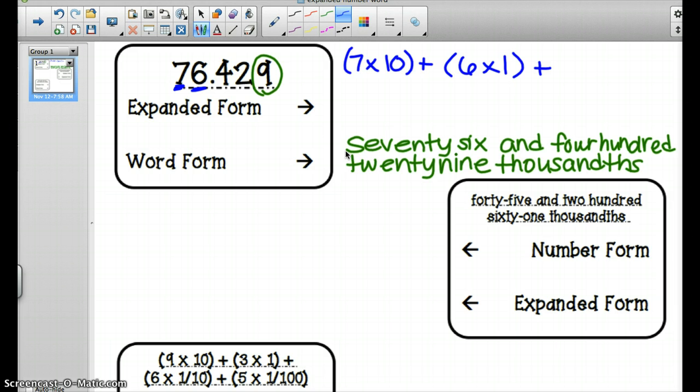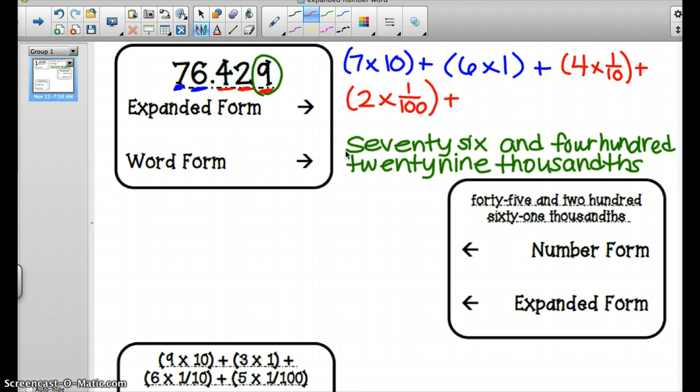Then we move over to our 4, and now we're moving to numbers after the decimal point. So it's not tens or ones or hundreds anymore. It's the ths. So, Jared, what are we doing with that 4? 4 times 1/10. Perfect. Now we move over to our 2, and Madison, tell us about the 2. 2 times 1/100th, because it's in the hundredths place.